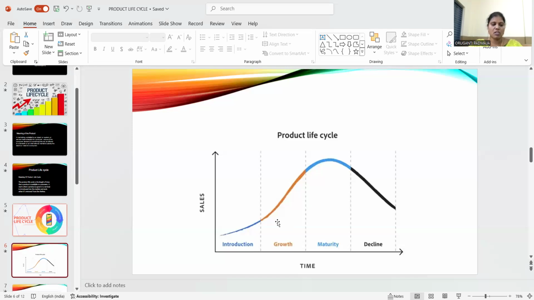Profits may stabilize or decline. The fourth stage is decline. Sales decrease as consumer preferences shift or newer products emerge. Companies may discontinue the product or seek to innovate.